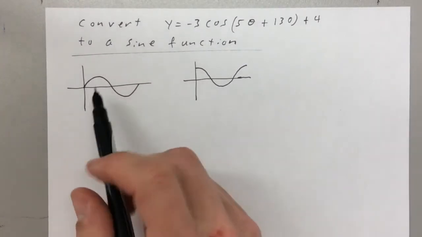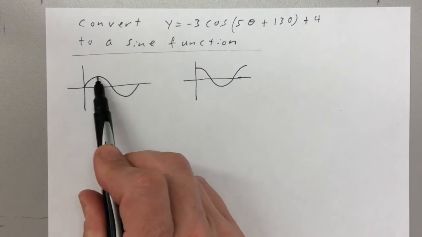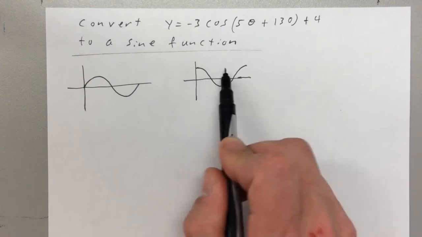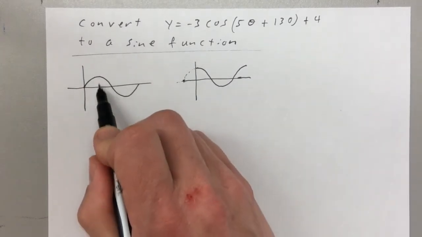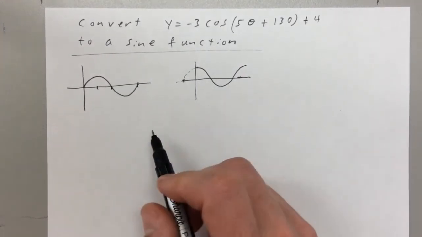Now, if I want to convert a sine to a cosine, I'm just going to move this back a quarter of a period. If I want to convert a cosine to a sine, I imagine it back here, and I'm going to move the cosine forward a quarter of a period. All right, so there's a full period, half period, quarter period.